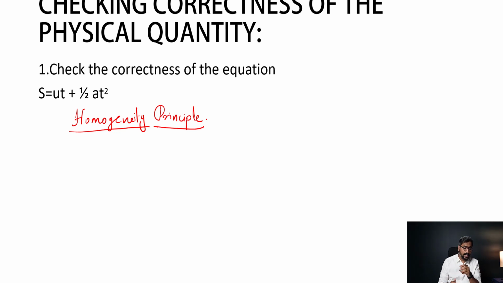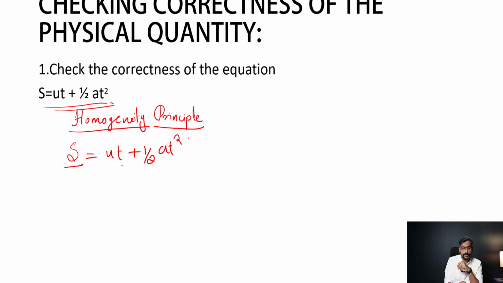For example, if the question is to check the correctness of the equation S is equal to ut plus half at square. S is there, ut plus half at square is there. So here you are having three terms. One is S, that is the displacement. The second term is ut, and the third term is half at square.